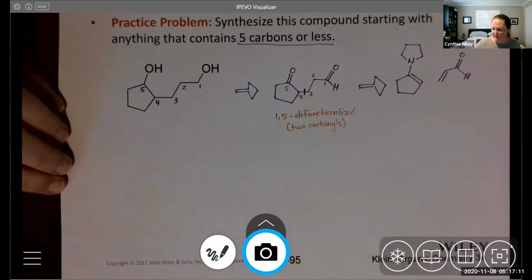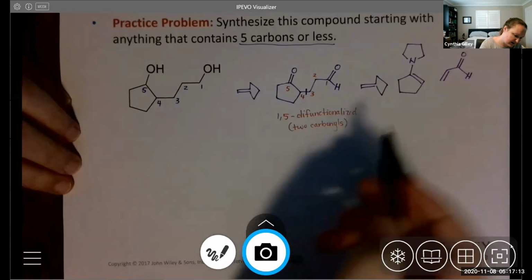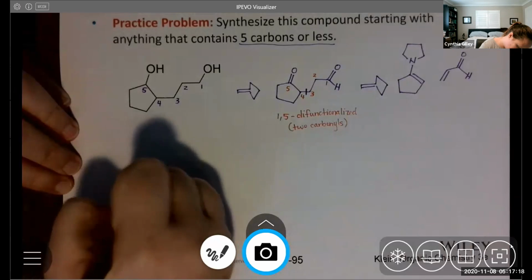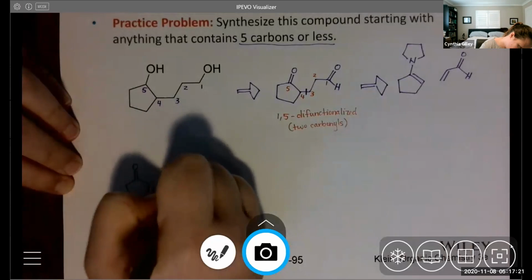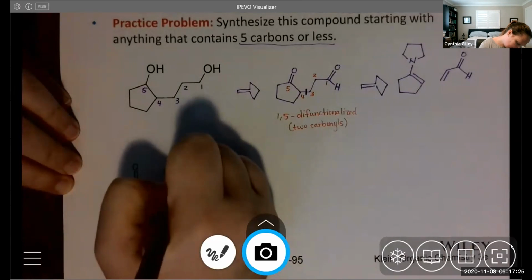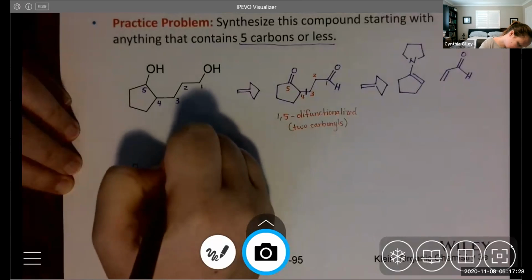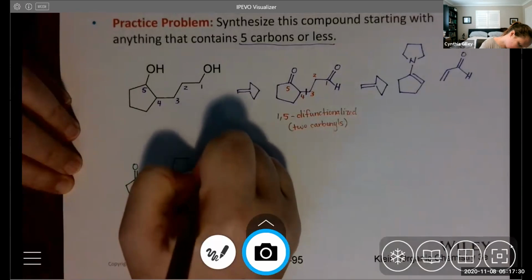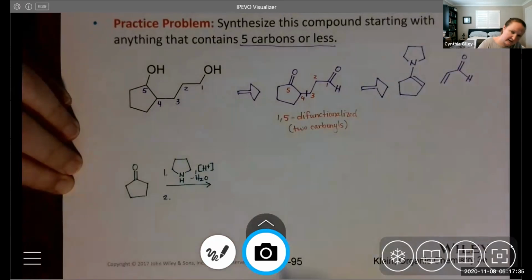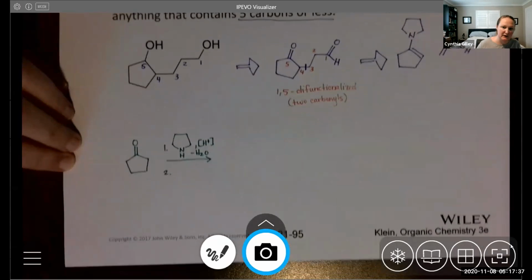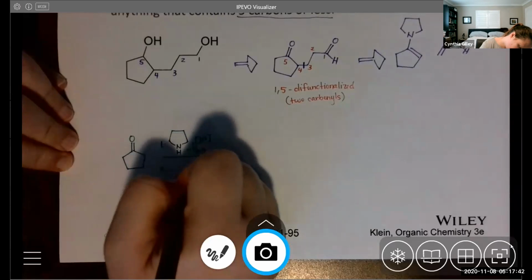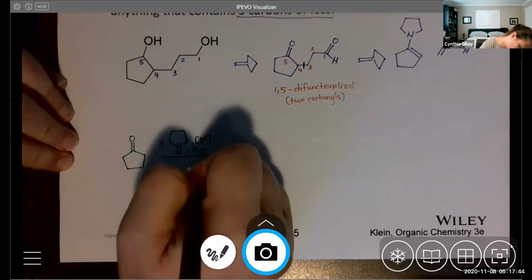And then in the forward direction, I can start by making the enamine. So I'm going to take cyclopentanone, first form an enamine, then I'm going to add in the Michael acceptor of my choice, which is going to be this one.